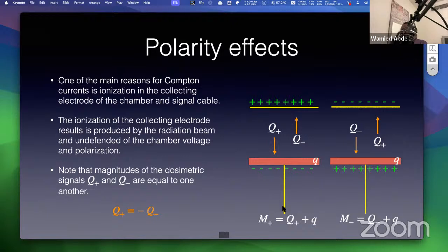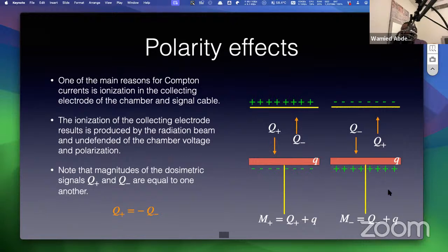But the signal that we're going to measure will be the positive charge plus the signal that is induced inside the wall. This signal is not dosimetric. We're interested in the charges produced in the air, not the ionization produced in the electrode.